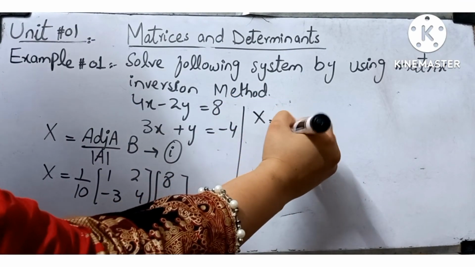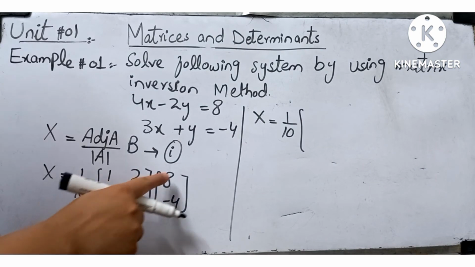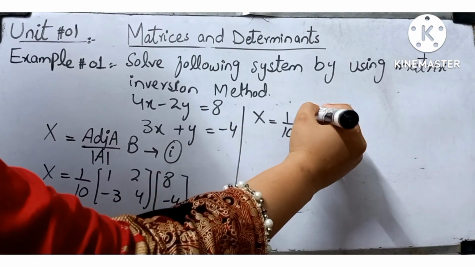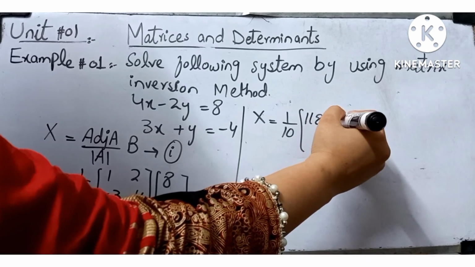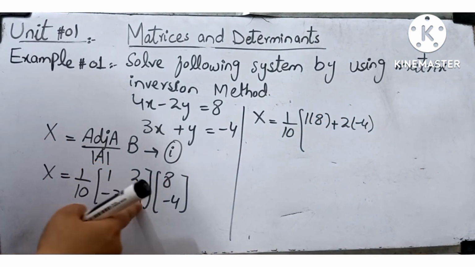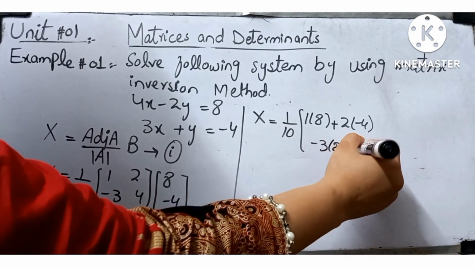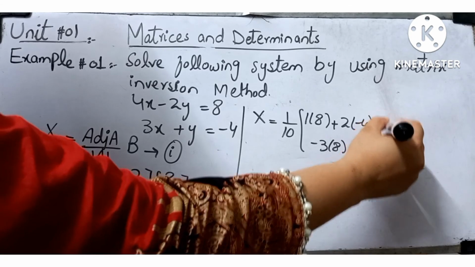X is equal to 1 divided by 10 into, multiply the matrices as first row with the column: 1 into 8 plus 2 into minus 4. Now the second row with the first column: minus 3 into 8 plus 4 into minus 4.